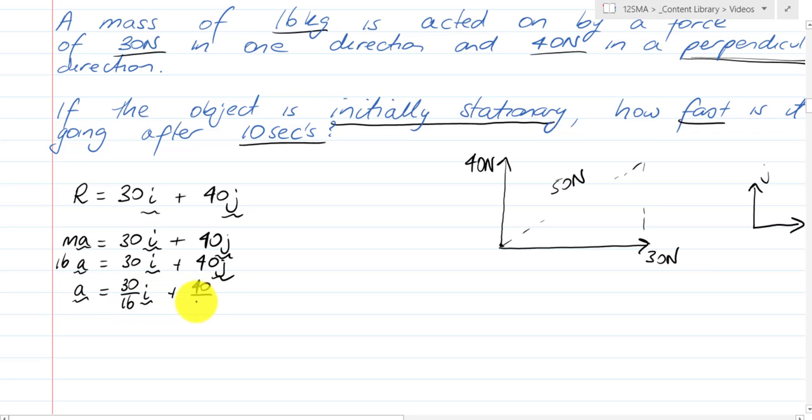and so I get 30 over 16 i plus 40 over 16 j. And of course that means that velocity, I could put a little bit more working into this, but let's not. 30 over 16 is 15 over 8 t i, plus 40 over 16 is 2.5, but I'll put it as 5 over 2 t j. That's my velocity, but there is some constant because I've integrated acceleration to get to velocity there.